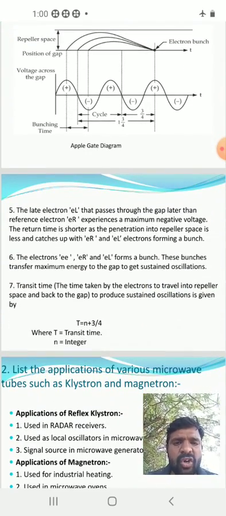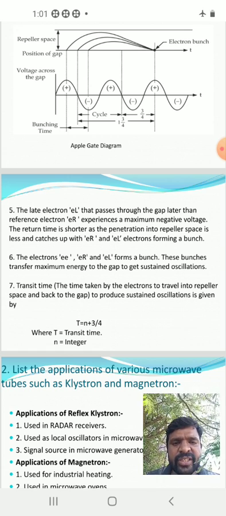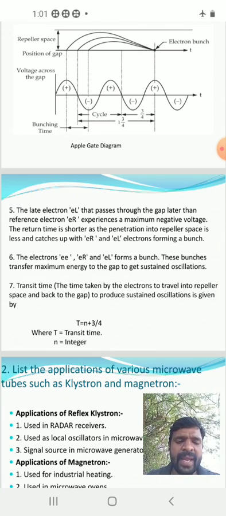The late electron EL that passes through the gap later than the reference electron ER experiences a maximum negative voltage. The return time is shorter as the penetration into the repeller space is less, and it catches up with ER and E, forming a bunch.